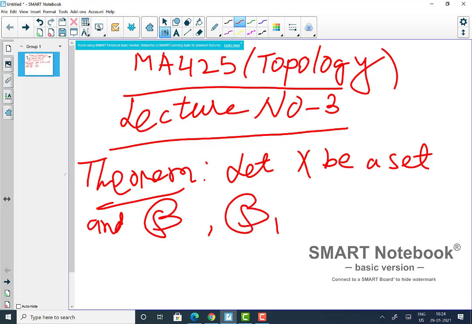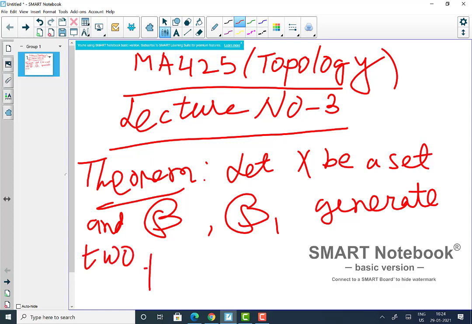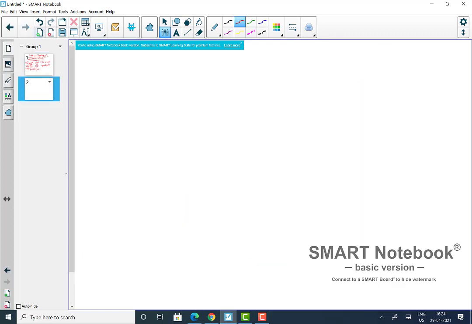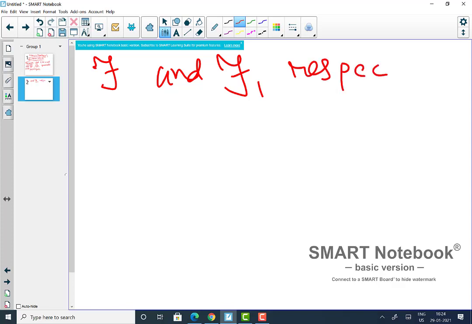They generate two topologies, say tau and tau1 respectively. What does that mean? I mean that B generates tau and B1 generates tau1.